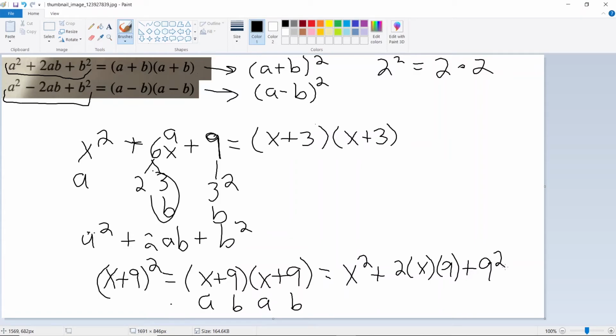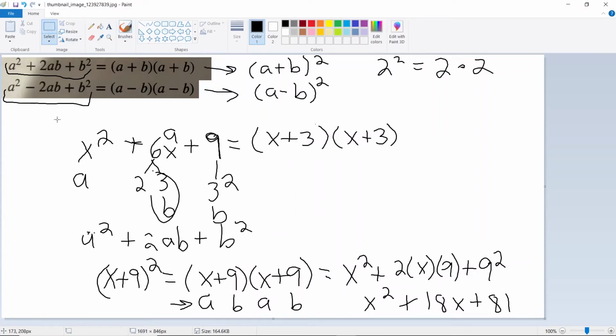We're just using these a's and b's to relate it back up to the pattern. Well, that's x squared plus 18x plus 81. Just the pattern. Once you work with them a little bit, you will recognize them. Going from a plus b squared to the quadratic is very simple. But going from the quadratic to a plus b squared maybe takes more practice to recognize. But anyway, that's that pattern.